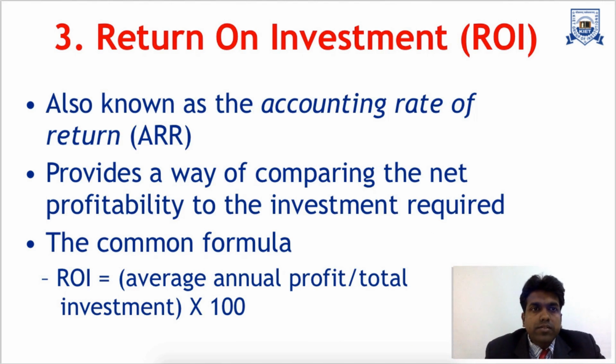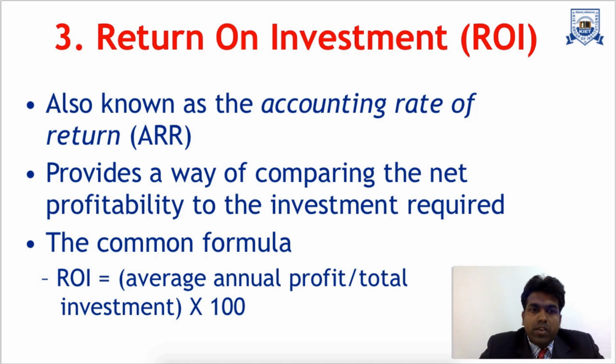The third technique is ROI, return on investment, and sometimes it is also known as accounting rate of return, in short ARR. It provides a way of comparing the net profitability to the investment required. By this we can compare different products or projects according to their profitability.